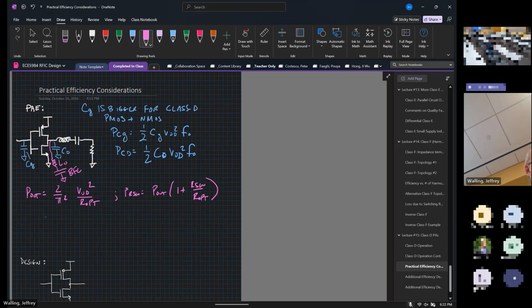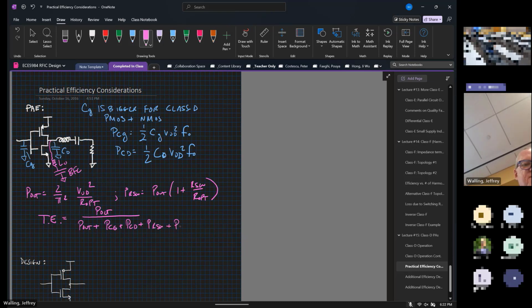And we can calculate what the total efficiency of this system is. So remember, we talked about different concepts of efficiency. Total efficiency is basically output power divided by everything bad. And that's going to be output power over output power plus P_CG plus P_CD plus P_R_switch.